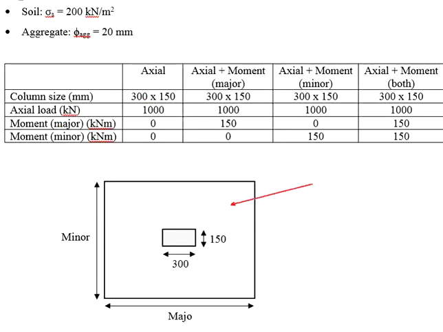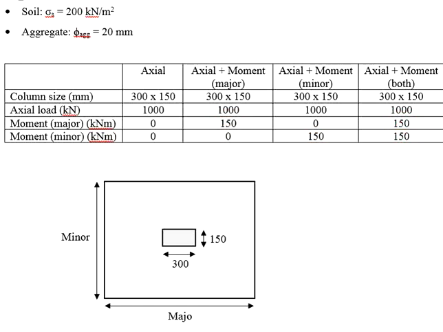Assuming this is the pad footing, it is used to support a column with the size of 300 times 150 for all cases. The axial load we assume equals 1000 kN. In terms of the moment, depending on the circumstances, across the board we will take 150 as the moment acting at the desired axis.